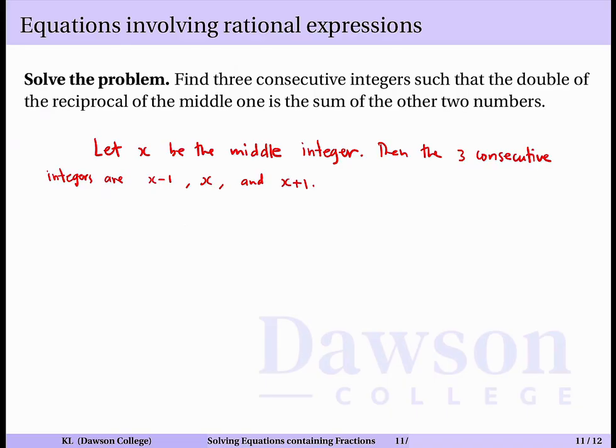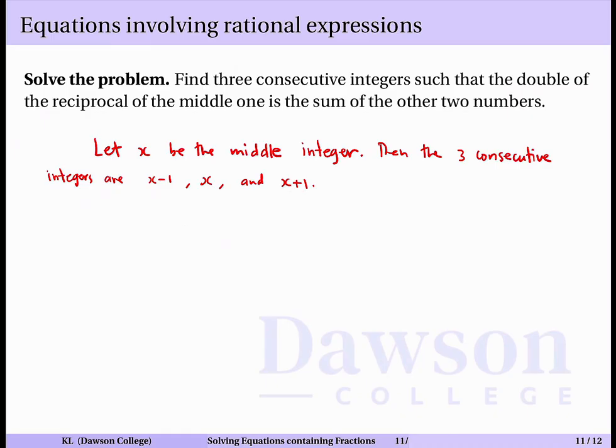Right? Because we let x be the middle integer, then the integer before that will be x minus 1, and the integer after that is x plus 1.